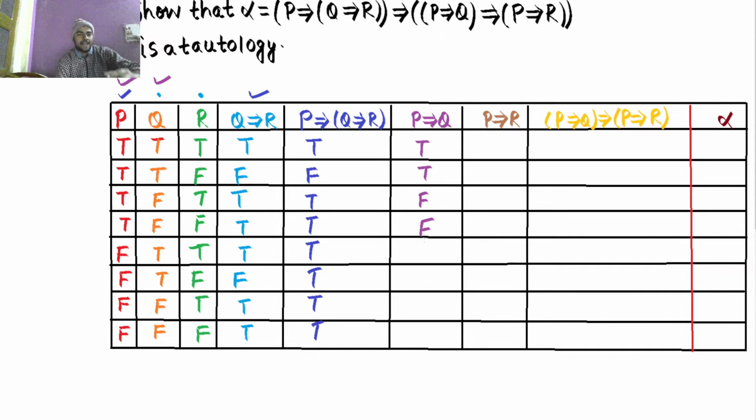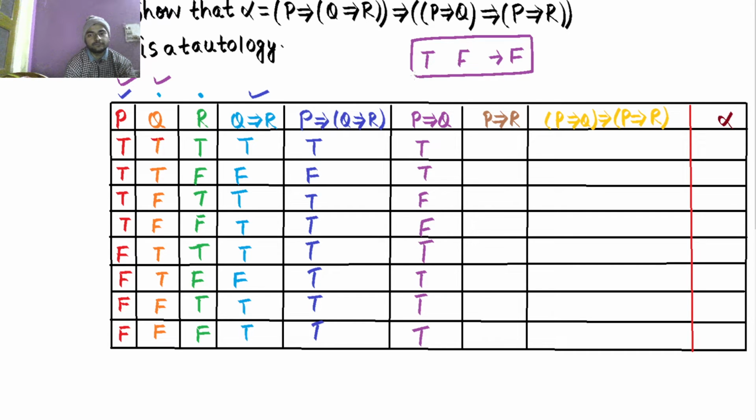Again in the last four cases we are starting with false, so you can tell it will all be true. I am again highlighting that only one case: if first one is true, second one is false, this is the only case where you are getting false in case of implication.